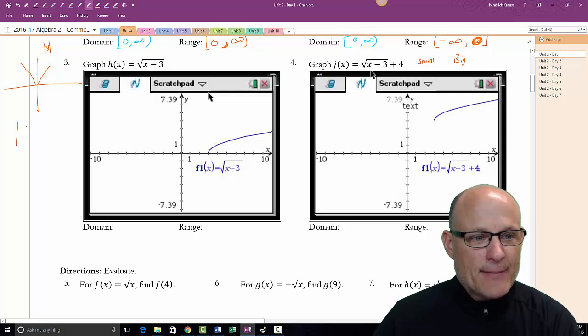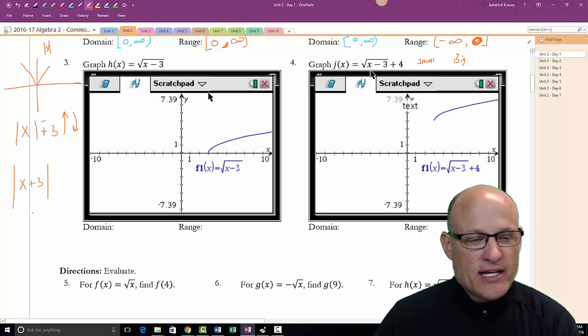But remember, when I did absolute value of x and I put a +3 on the outside, didn't that move up? And if I made that a -3, it would move down. We also put the x +3 inside. And remember, on the inside, it moves backwards. So this would move to the left 3. If I put an absolute value of x -3, it would move to the right 3.